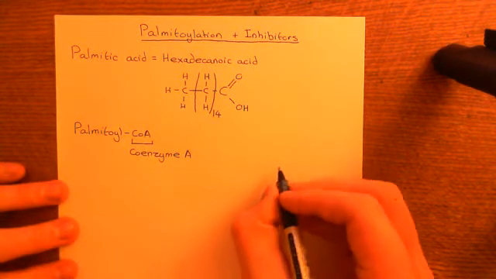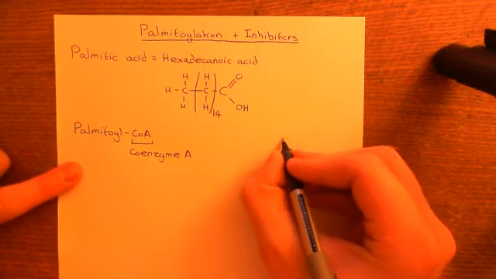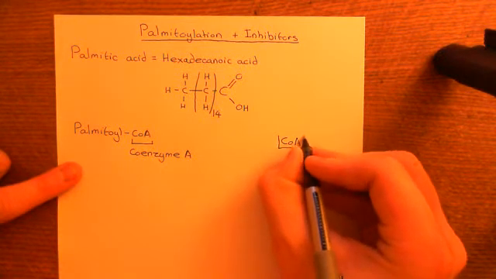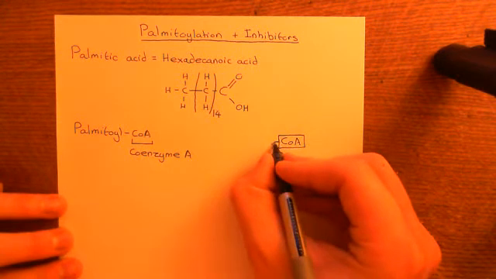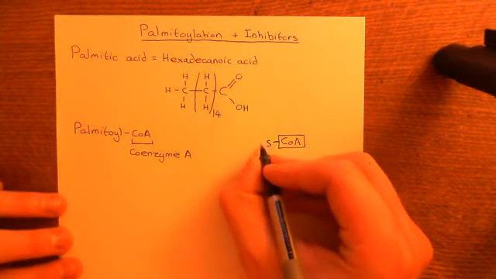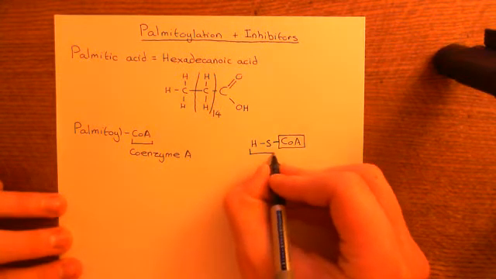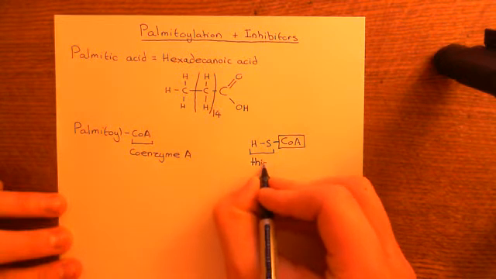We won't need the full structure of coenzyme A, so instead I'll draw CoA and put it in a little box like so. We only need to know about one important functional group of coenzyme A, and this is a thiol group, which is a sulfur atom bound to a hydrogen atom. Whenever you have a sulfur atom bound to a hydrogen atom like this, it's called a thiol group.